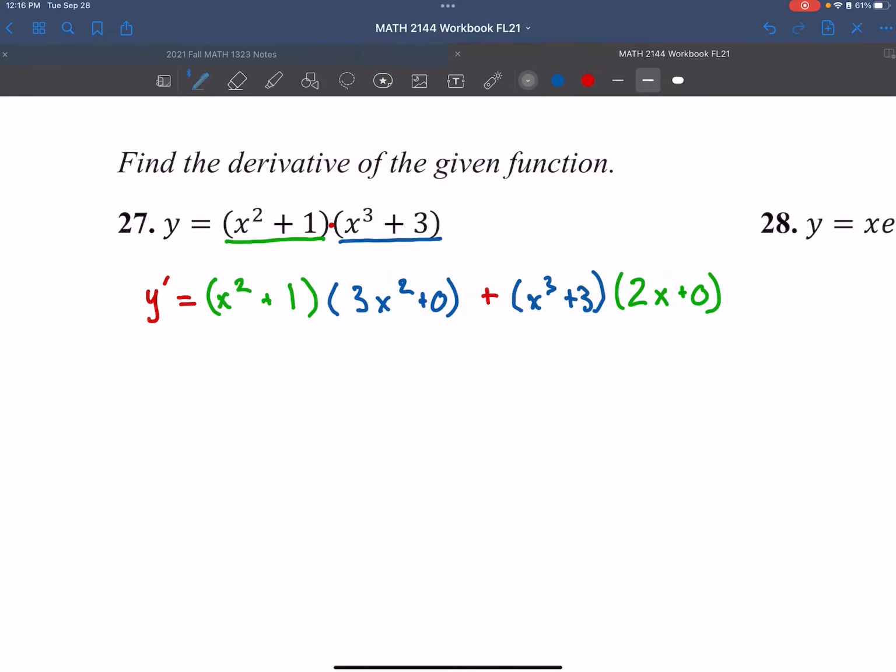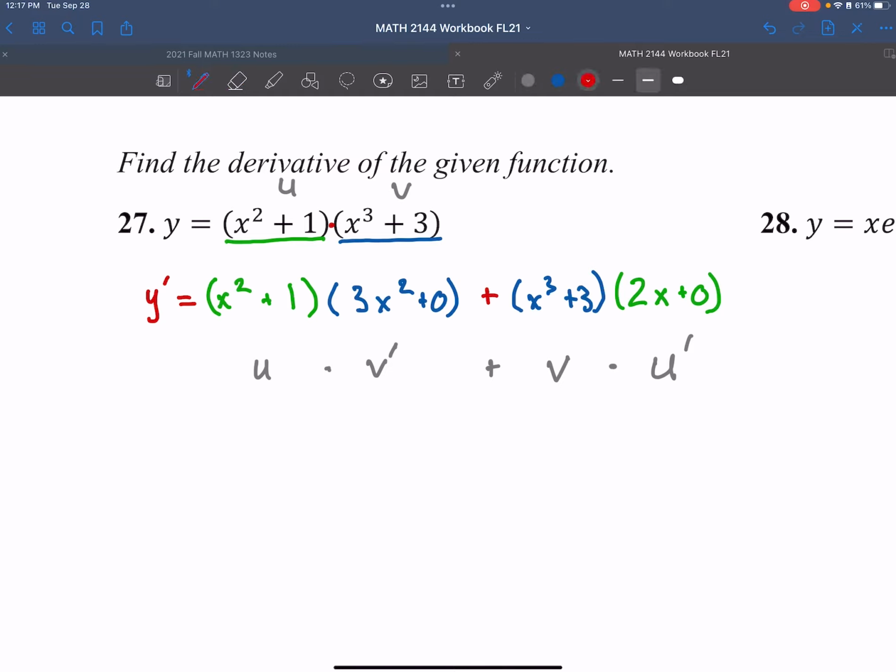So again, if you think about this one as u and this one as v, this is u times v prime plus v times u prime. Is everyone okay with where I got that red, green, and blue line? Okay, so that's the product rule.